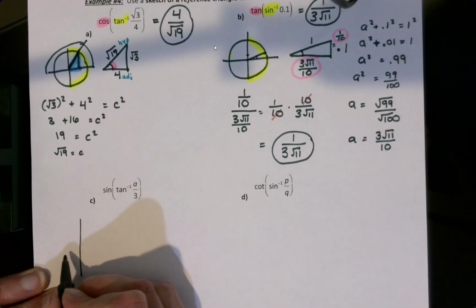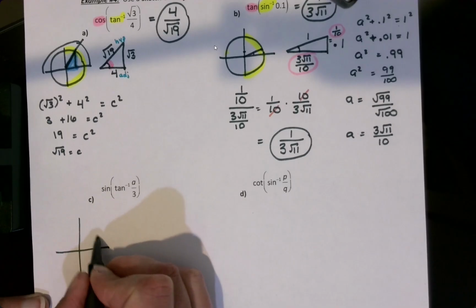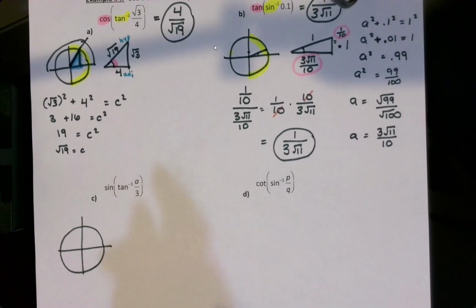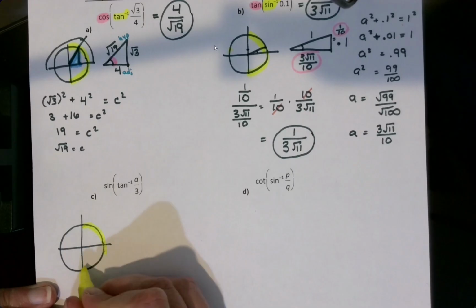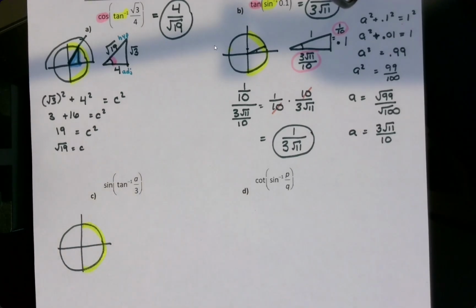So let's start with tangent equal to a over 3. So tangent, once again, uses negative pi halves to pi halves. And we're going to assume that the value of a is positive.